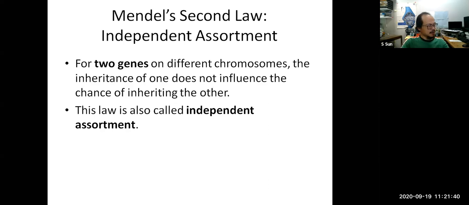They are not homologous, so they will not interfere with each other. They will act independently. This is also called independent assortment. So the first law is gene segregation, and the second law is also called independent assortment. Those are the two main laws of Mendel.